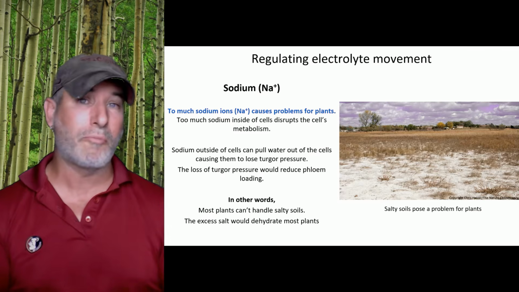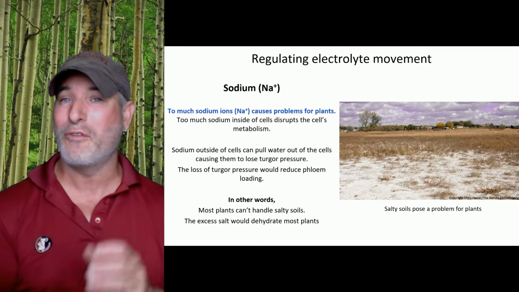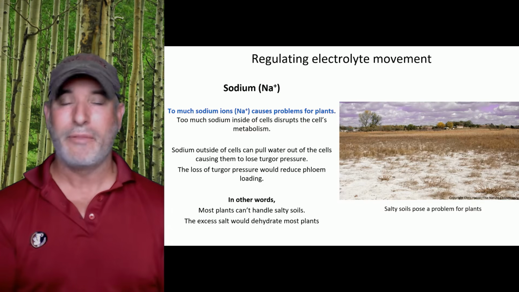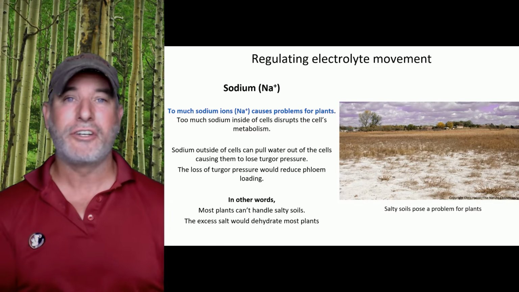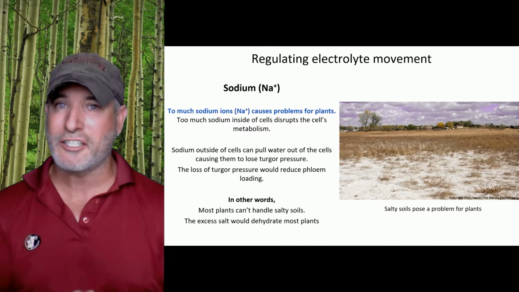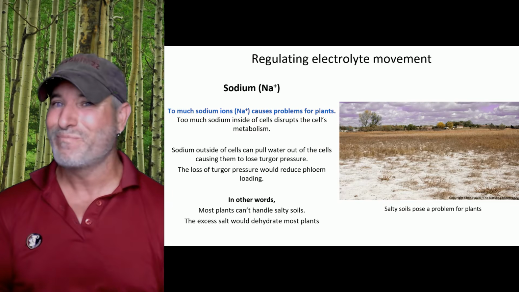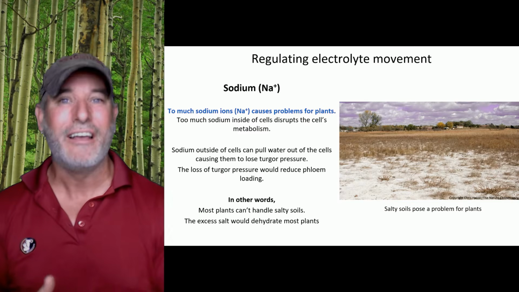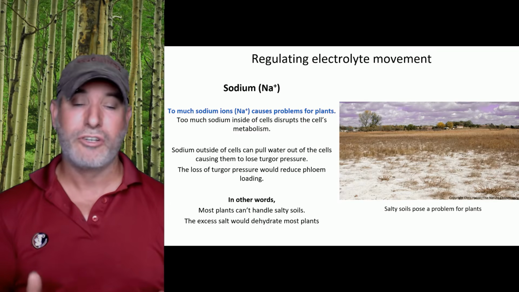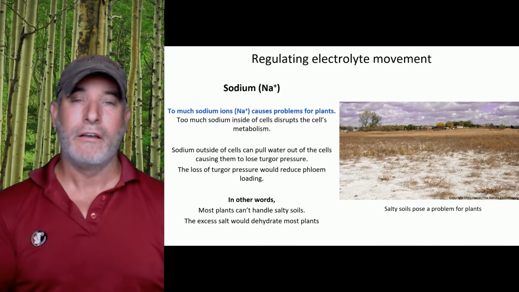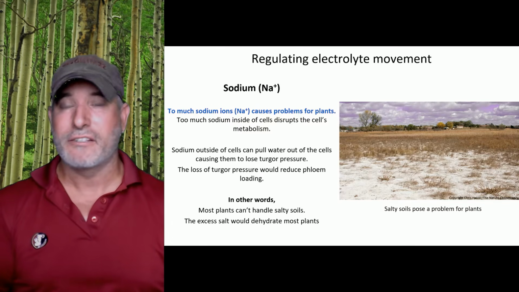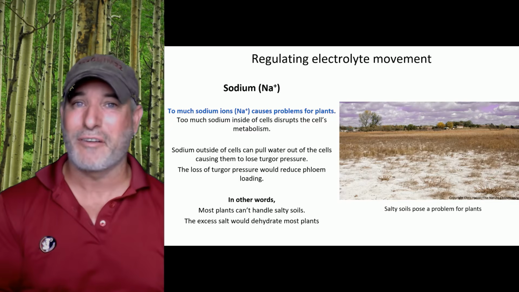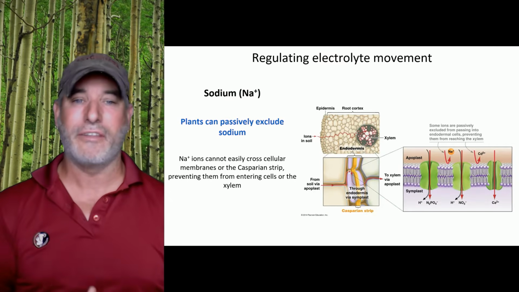Now remember, turgor pressure is very important for phloem loading. So not only do your plants begin to wilt because they don't have enough water, but you can now affect their ability to transport sugars and other secondary metabolites, things that plants are making after sugars, throughout the plant. So too much sodium is a bad thing. So as you might guess, plants don't like salty soils. So they dehydrate plants and they affect all kinds of things.